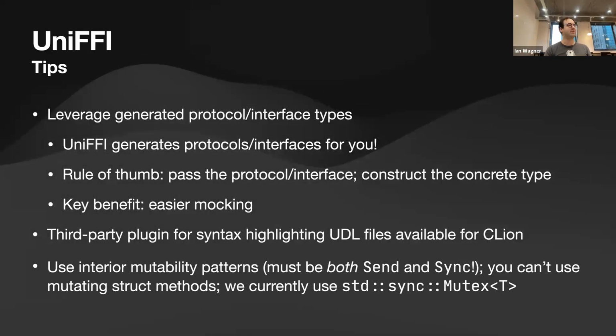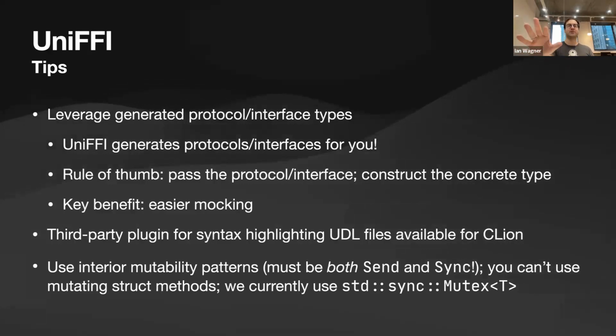So if you're doing everything through interfaces, then you can create all of those types with mocks or similar things in other languages. The rule of thumb, which they actually put in their documentation, is to always pass the protocol or interface. So when you're writing a function that accepts something, don't accept the concrete type, accept the protocol, so that way it's generic and you can test it easily. And then when you're constructing something, obviously use the concrete type.